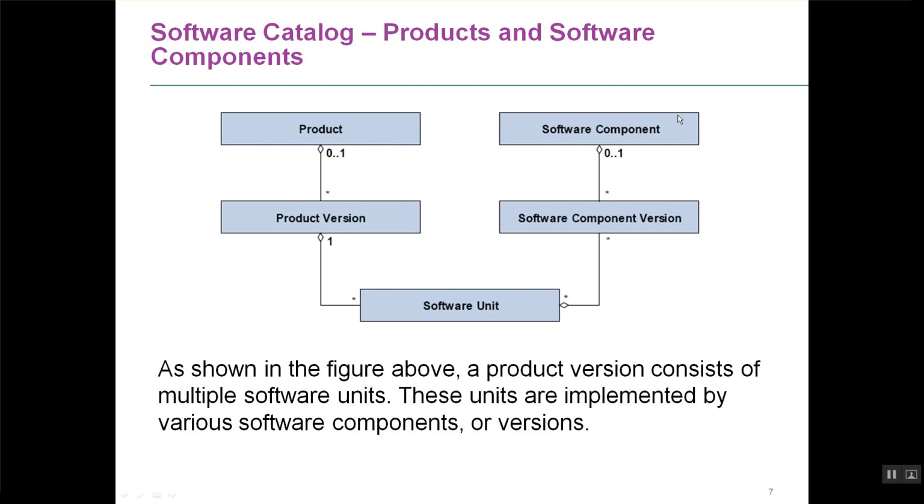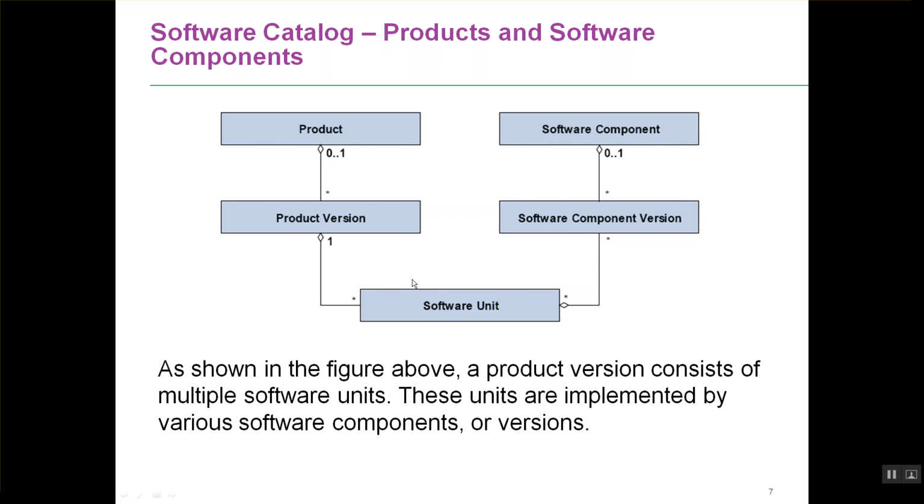Likewise, a software component is the most fundamental unit of software: SAP Basis, SAP HCM, SAP Retail, and so on. Each of these software components has versions, so SAP Basis 6.4, SAP Basis 7.0, and so on. This is the relationship. And how are these related? The combination of the software product version and software component versions forms a unit of software.